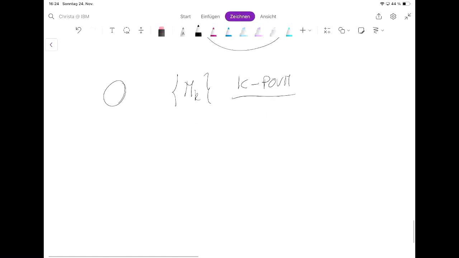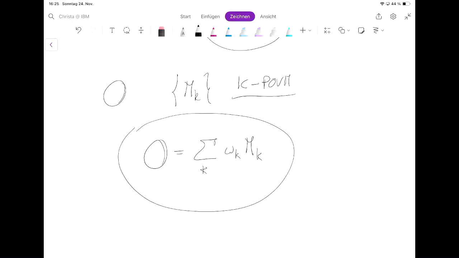Since this is a basis, we can do essentially something similar to what we did before with the Pauli strings. So we can decompose O as a linear combination of the POVM effects, and use this decomposition as what we use to do the operator averaging.